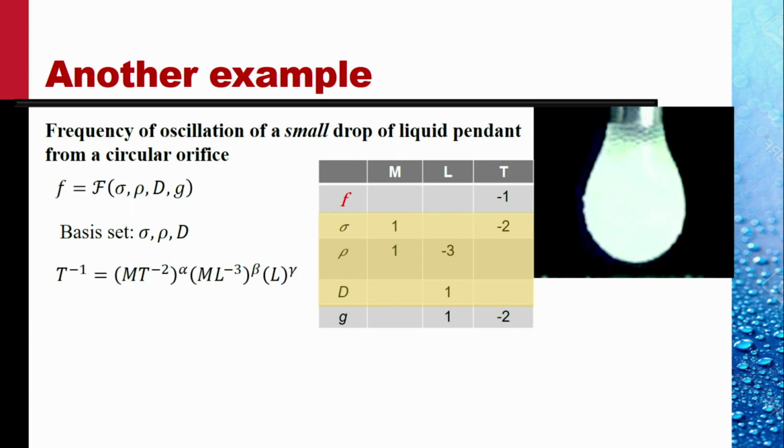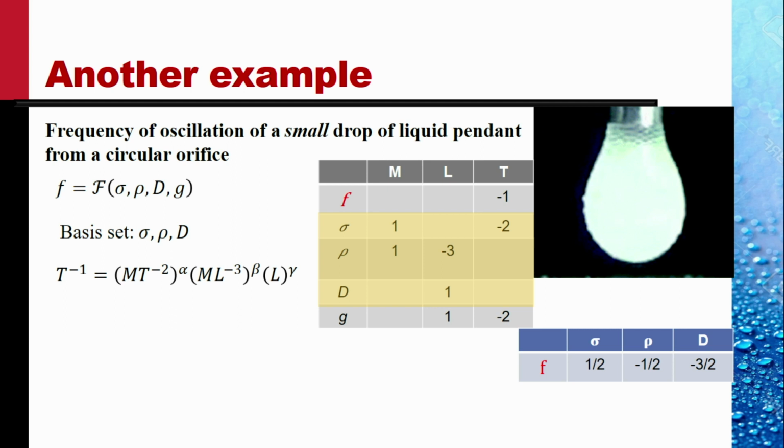For example, frequency F has a dimension of T raised to minus 1. Sigma, which is M T minus 2, raised to power alpha. Rho, which is M L minus 3, raised to power beta. And D, which is length L, raised to power gamma.